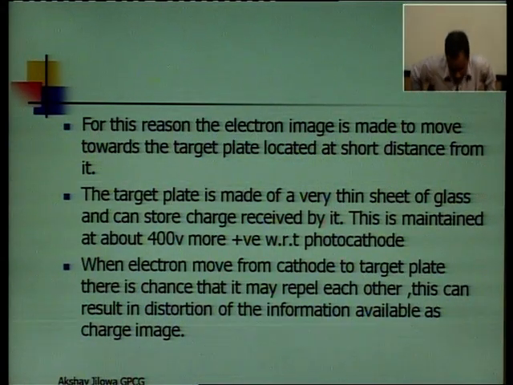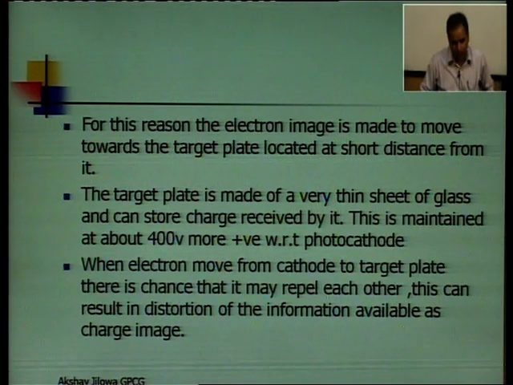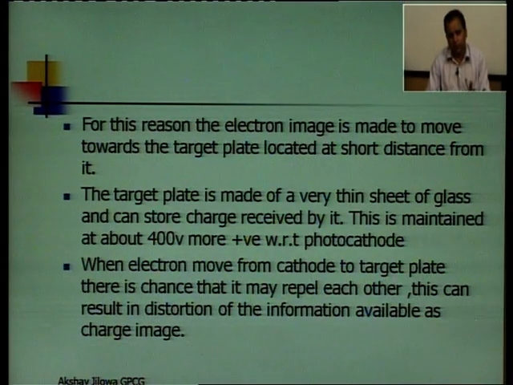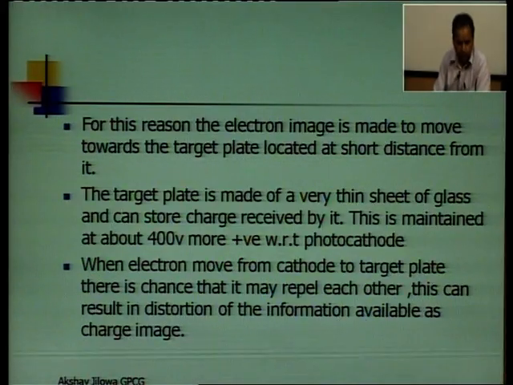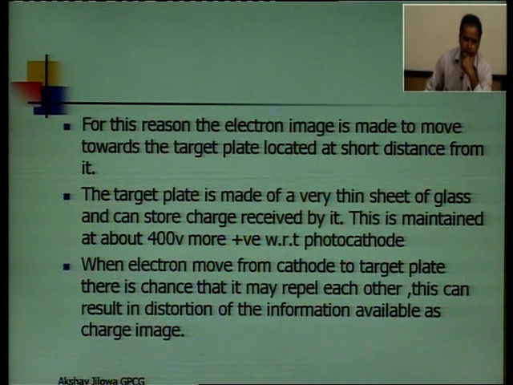The target plate is made of a very thin sheet of glass and can store the charge received by it. This is maintained at about 400 volts more positive with respect to the photocathode.